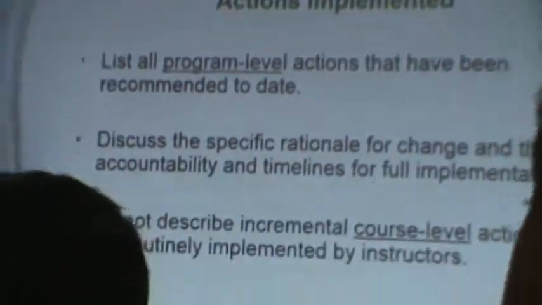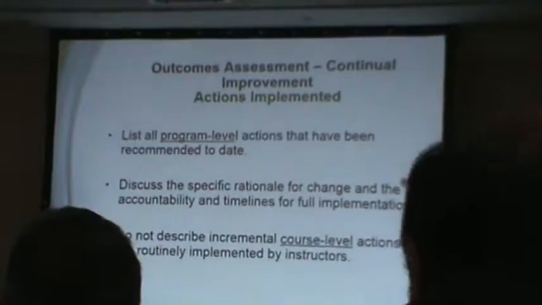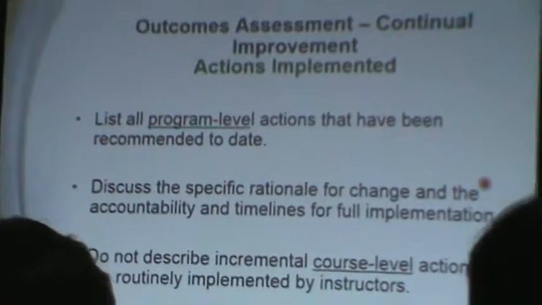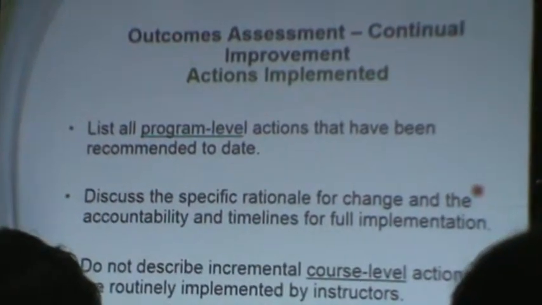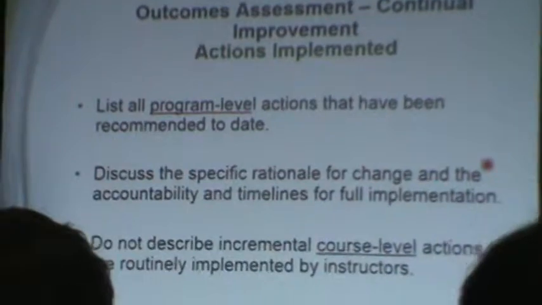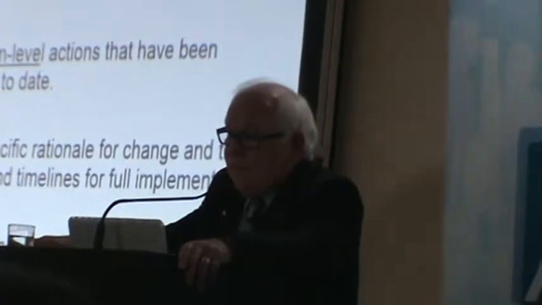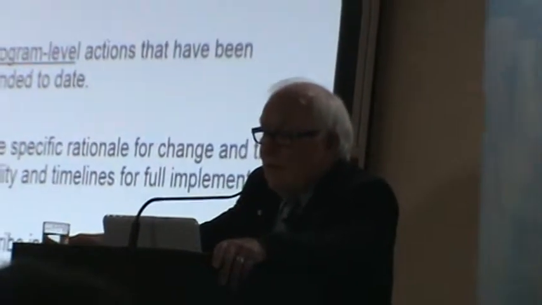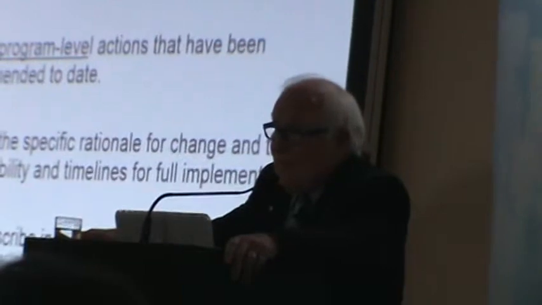Actions implemented. Again, list the program level actions that have been recommended to date, the specific rationale for change, and the accountability and timelines for full implementation. We've changed our criteria here because initially we were looking at, tell us what the changes are going to be.